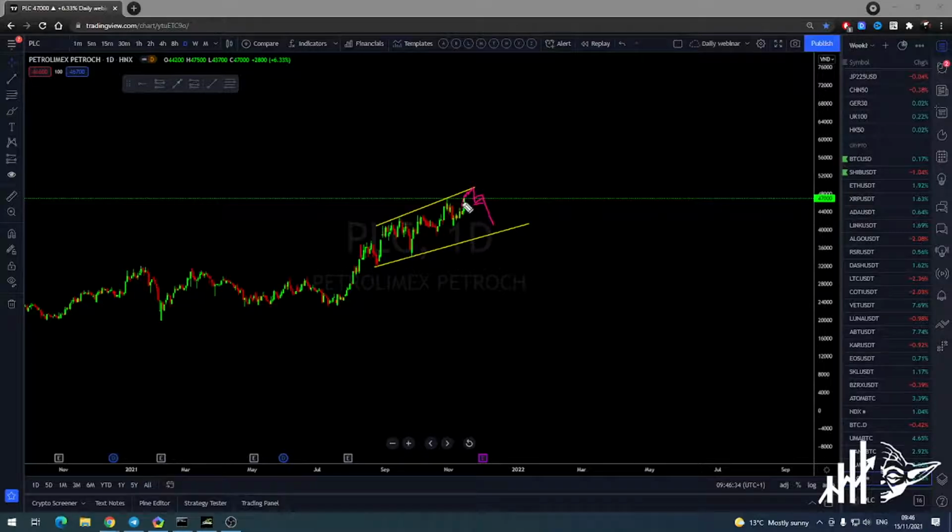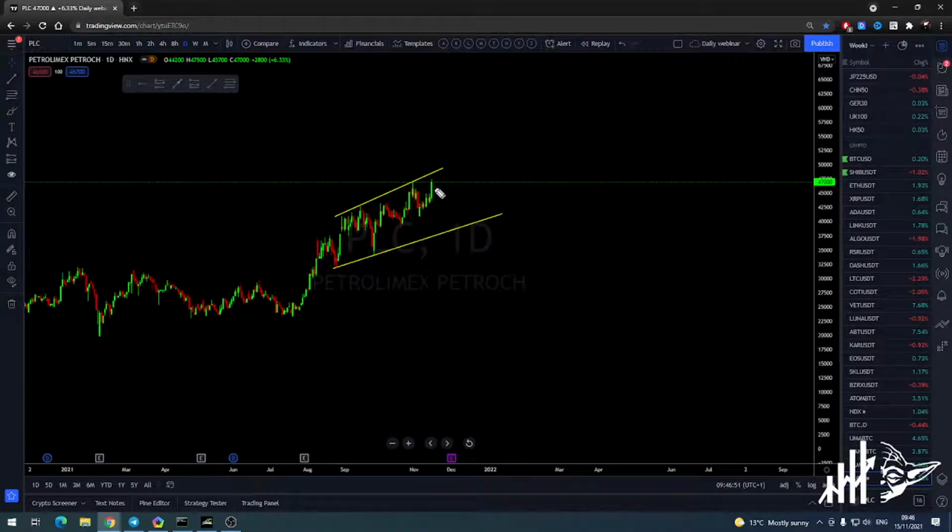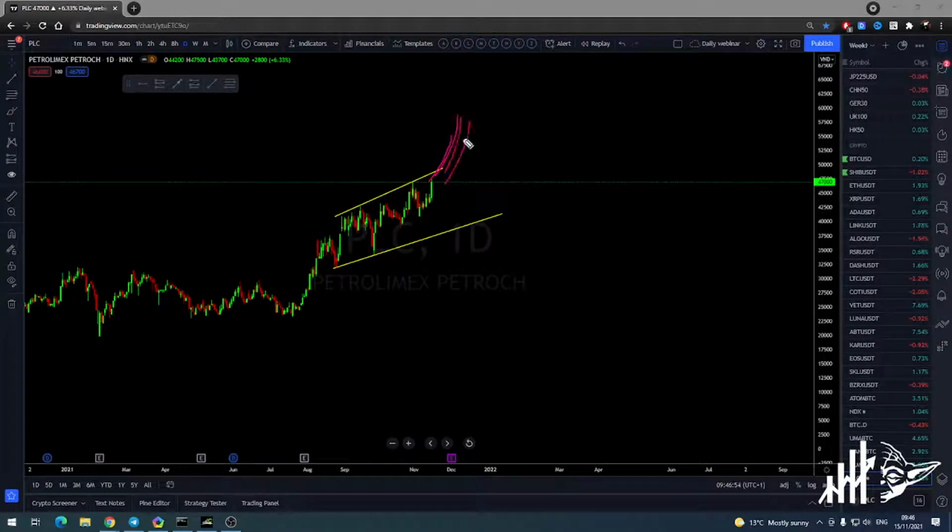You can take a profit, wait for the pullback to the trend line, and then you can buy again in case it gives you any flag from the trend line. This is how I will trade it. That's just my opinion, because I don't see that this is going to go too high.